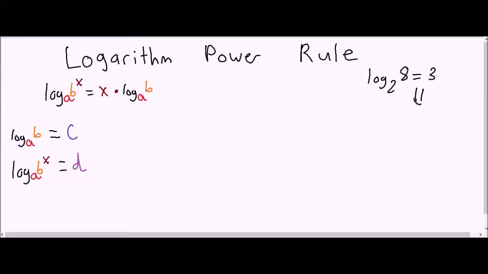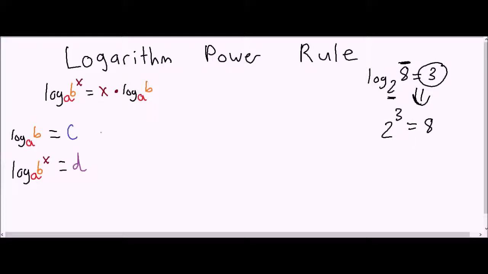If you were asked to convert this into the exponent form, because logarithms are just representations of exponents, you would take the bottom number, the base, that's 2, to the power of whatever this number is, 3, and set that equal to whatever number is being taken the log of, 8. And we know that 2 to the power 3 is equal to 8. So that's how we know that these two statements are true.